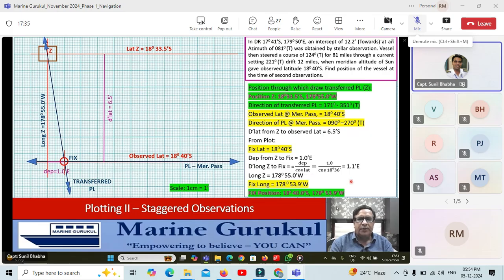Please see here, this D long of 1.8 minutes east applied to longitude of Z gives us this longitude of fix, and therefore through deployment of our knowledge of simultaneous observations, we can get this plot done and get our answer.